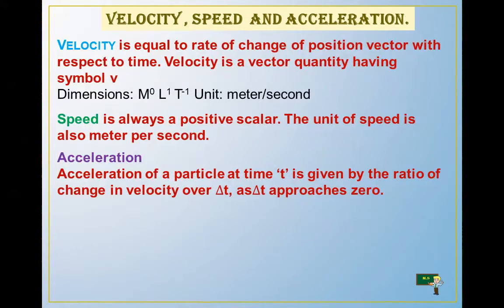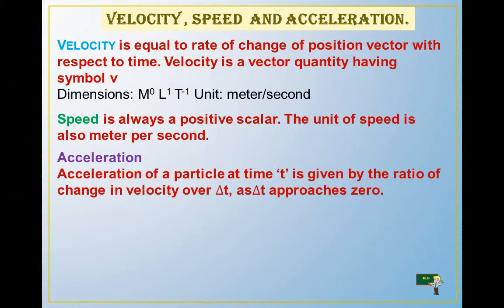Velocity is a vector quantity having symbol v, and the dimensions of velocity are M naught L1 T minus 1. The unit of velocity is meter per second. Speed is always a positive scalar. The unit of speed is also meter per second.